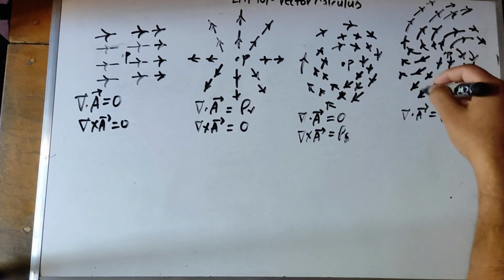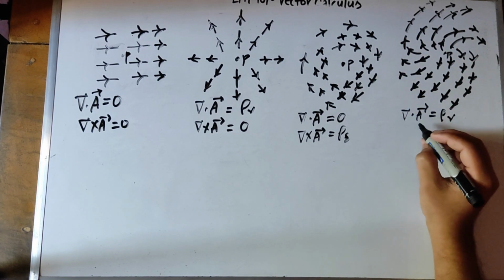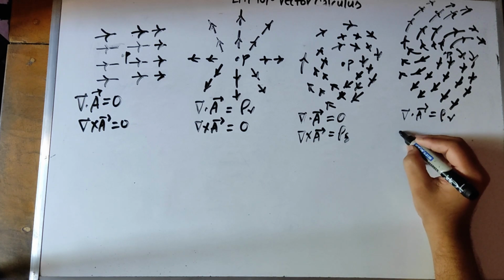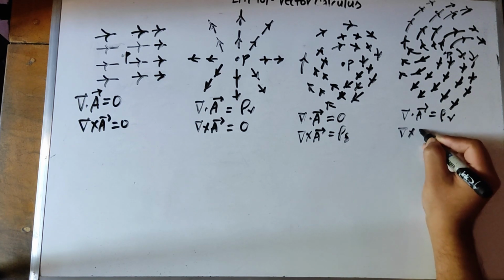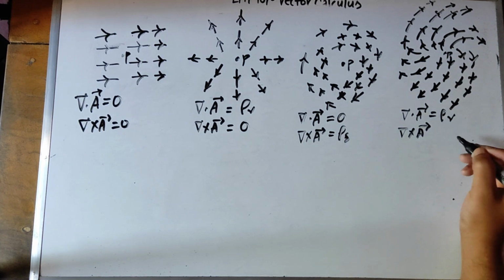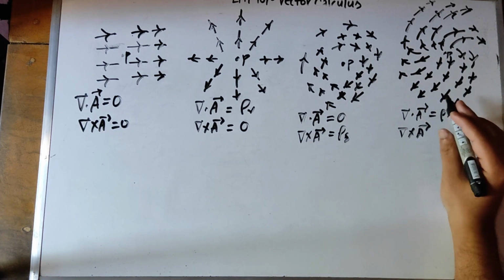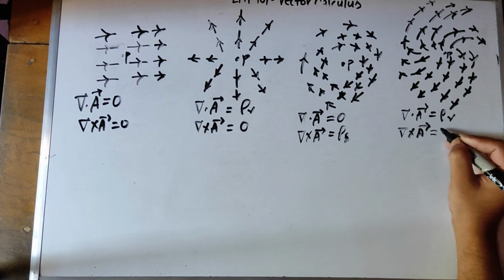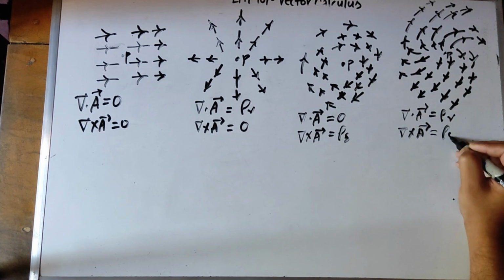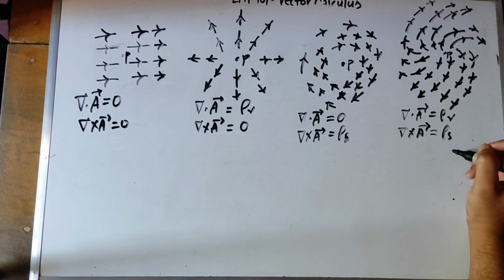And also there's local rotation, circulation to the surface. So there is also curl present in this case of the field. So there is rotation, there is circulation.